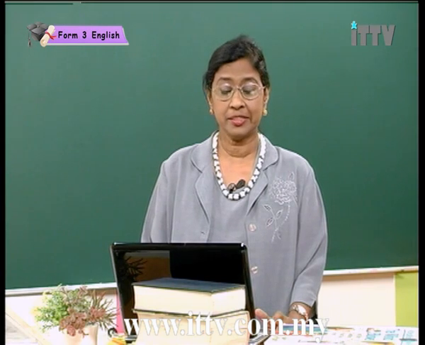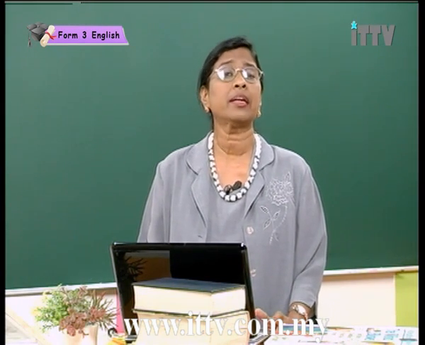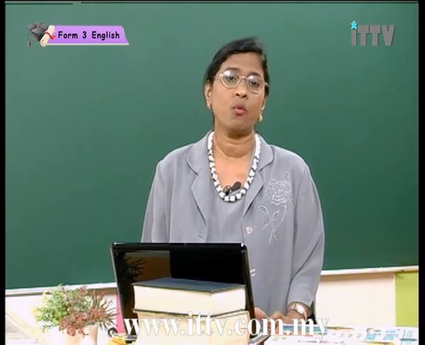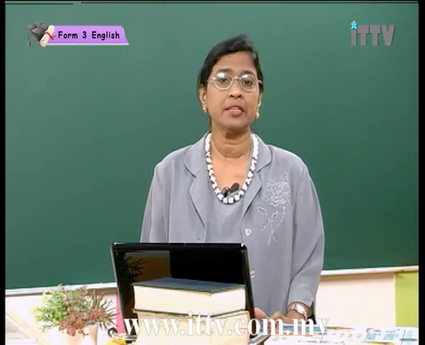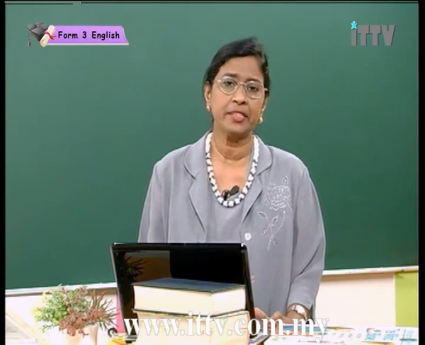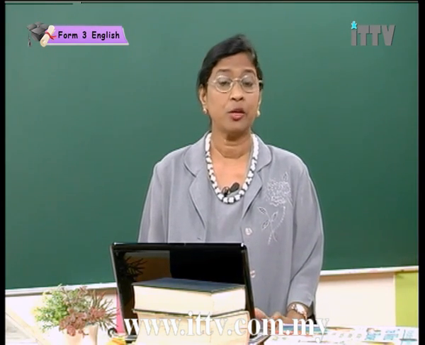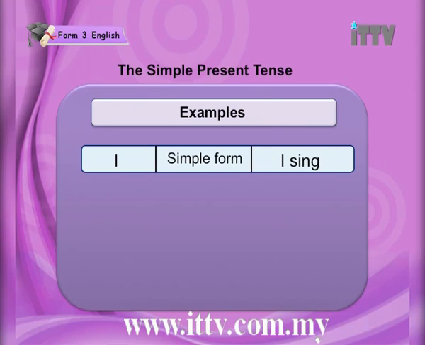All right, students, now we are going to look at simple sentences where you use the present tense correctly. This is the very basic form. Now look at the examples. I becomes I sing. You just add the verb sing to I and you have a very simple, basic sentence.